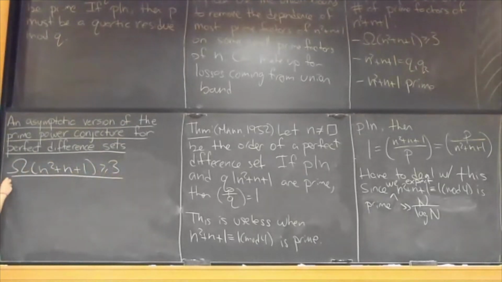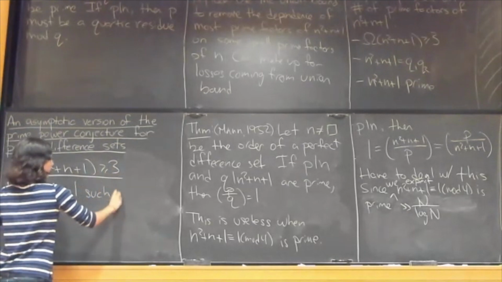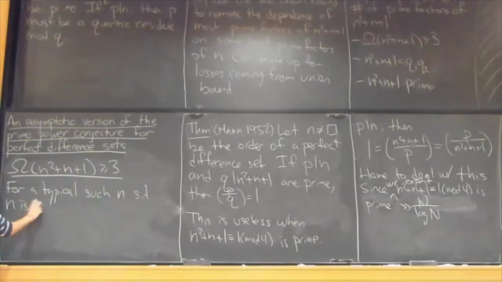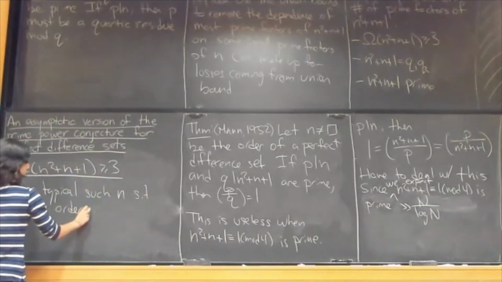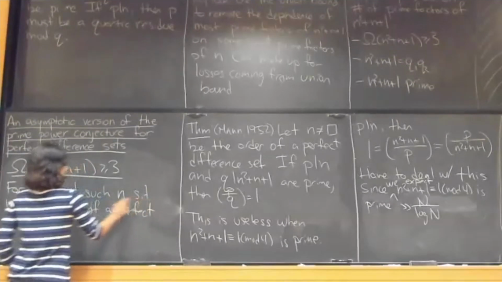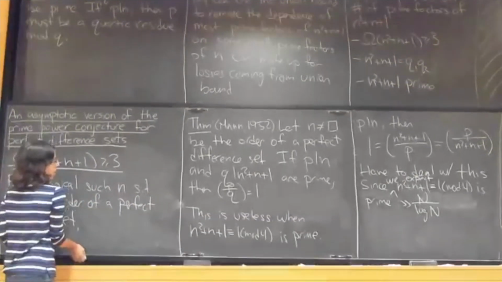In this situation, for a typical such n, where n is the order of a perfect difference set, n must have 2 smallish prime factors, neither of which is 3.